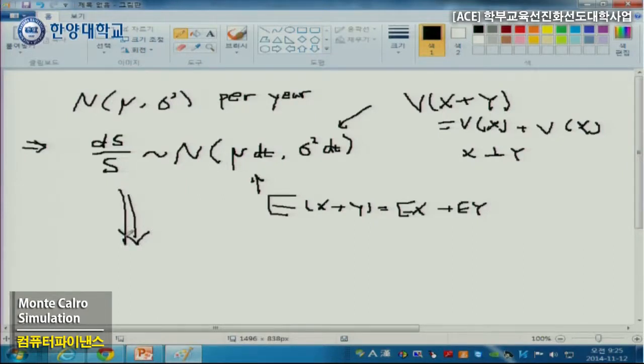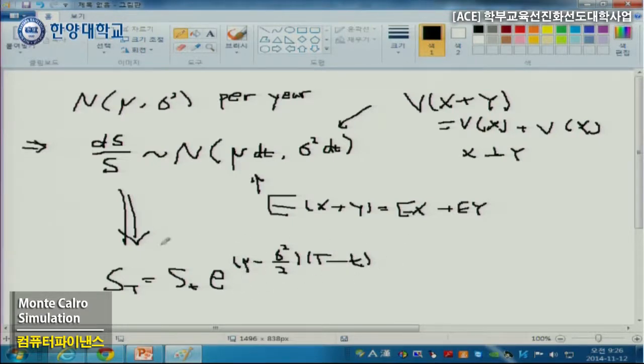And then from this one, we have an important thing, which is that S big T is basically S small t multiplied by e to the power of mu minus sigma squared over 2, times the change of time, right?